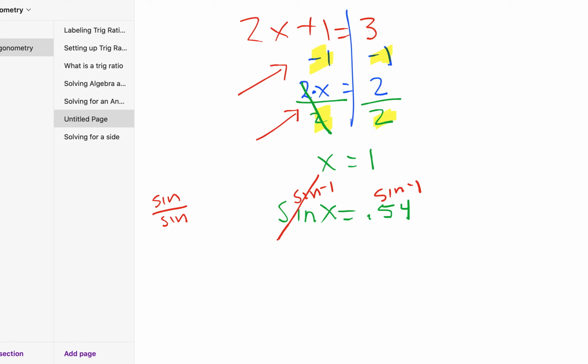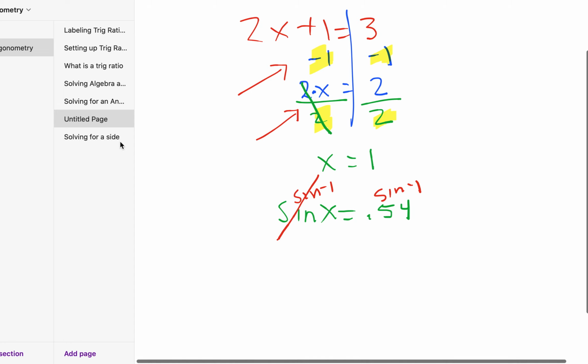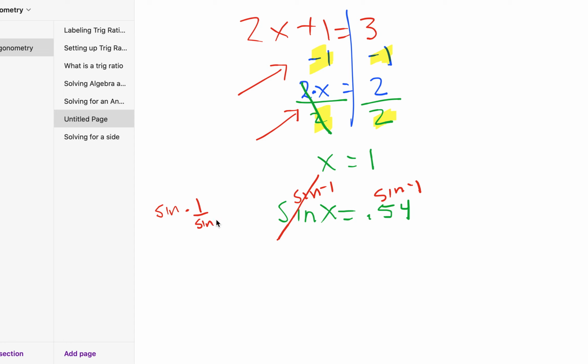Or we could write it another way, sine times the inverse of sine. Well, that's sine over sine, which is 1. So we got rid of it and canceled it into the number 1. And you don't need to understand that to make sense of this. I just want to really emphasize why we're doing what we're doing.